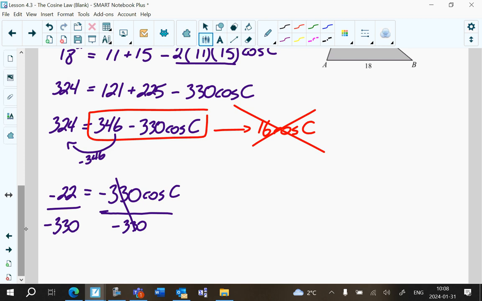So I get negative 22 divided by negative 330, which is actually just the same as positive 22 over 330, about 0.06. You don't even have to do that, you can if you want. What's the last step to get C by itself? To get rid of just the cos, cos inverse both sides.